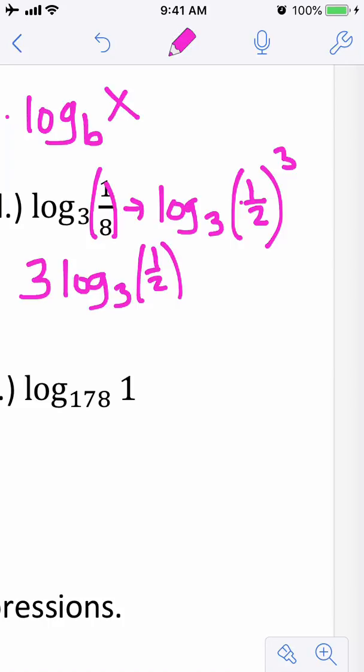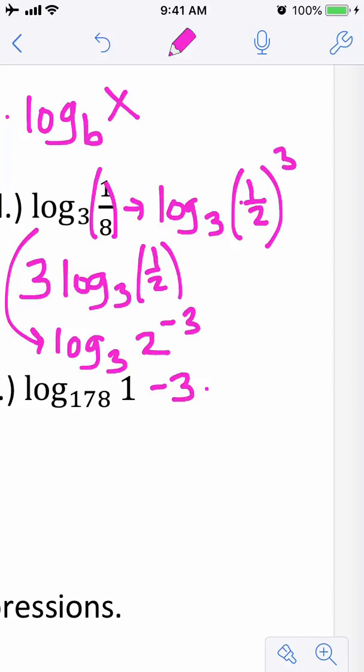So we could just start from the beginning and say that this is also equal to log base 3 of 2 to the negative 3rd power, right? Not only do we get the 3 out, we also get the flip from the negative part. So we can also take out negative 3 log base 3 of 2.